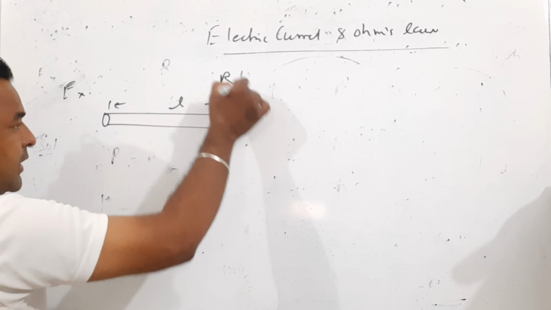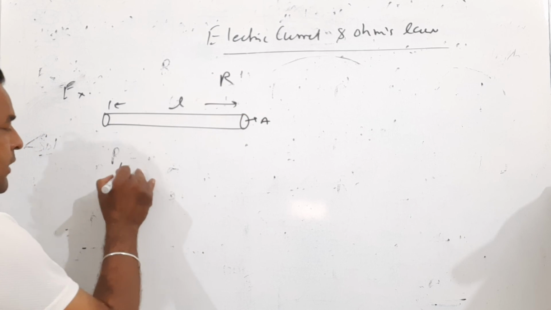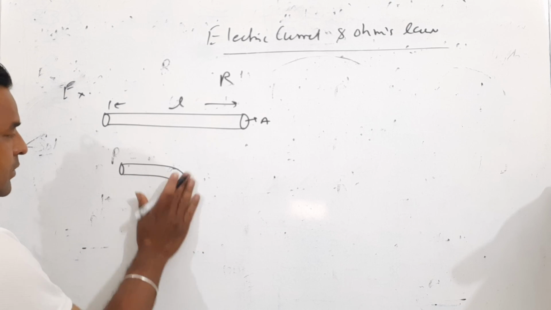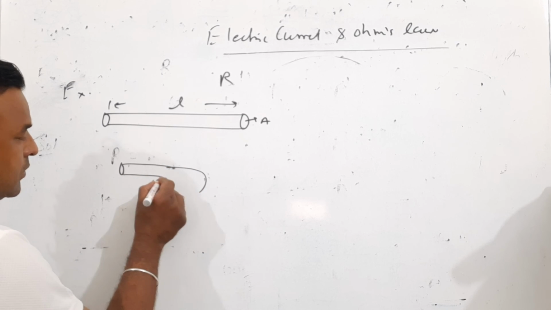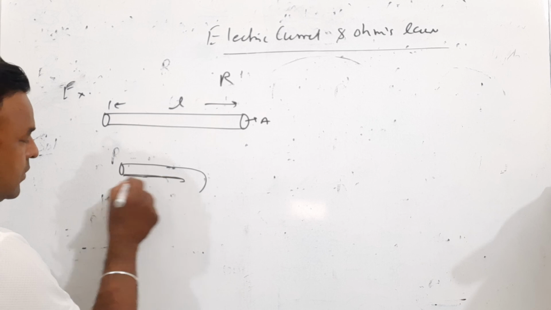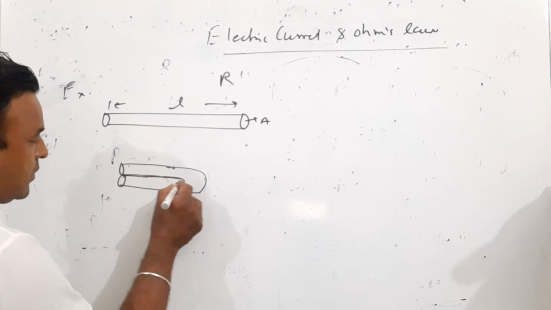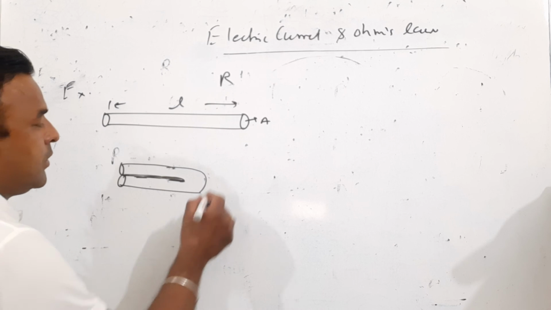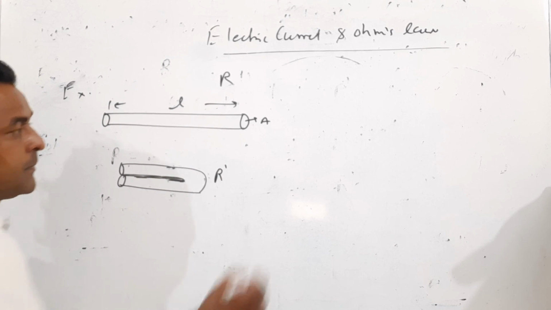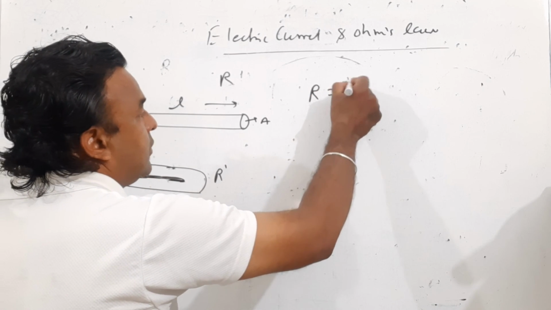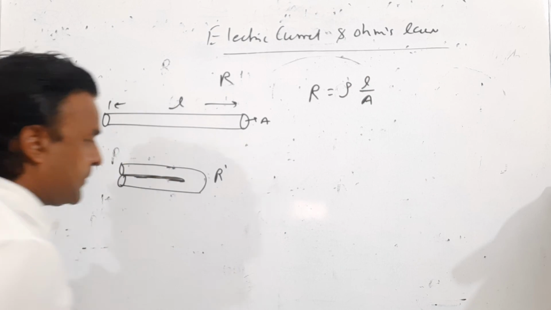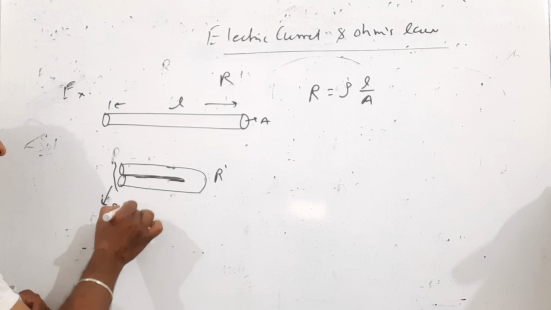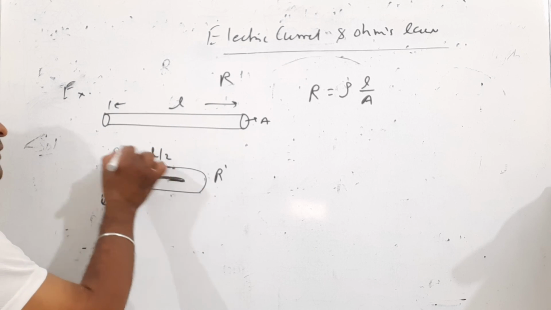Its resistance is R and cross section area is A. It is made in this way. Now, what will be the new resistance? R is equal to rho L upon A. In this case, the area becomes 2A and the length becomes L by 2.